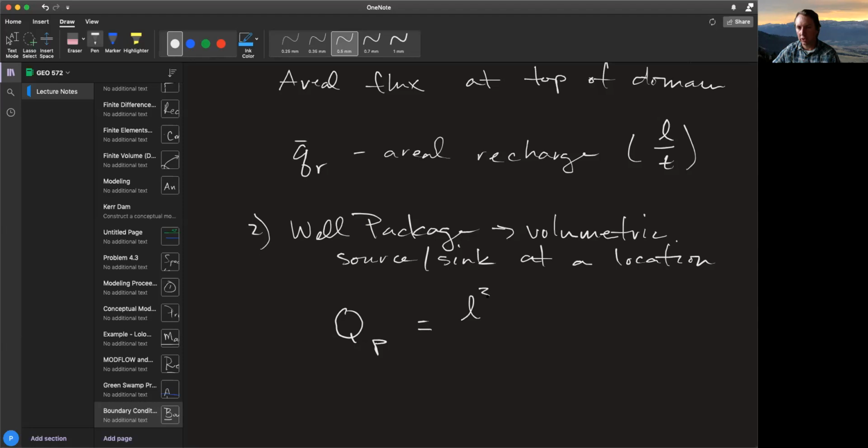So this would be length cubed per time. And this is the pump rate at a location or the injection rate. Pump or injection at a location. Okay, well package.